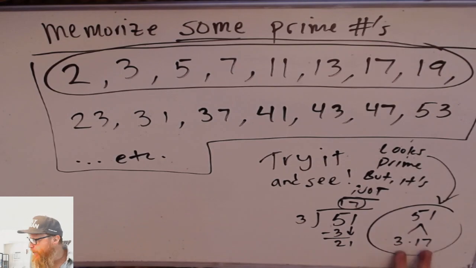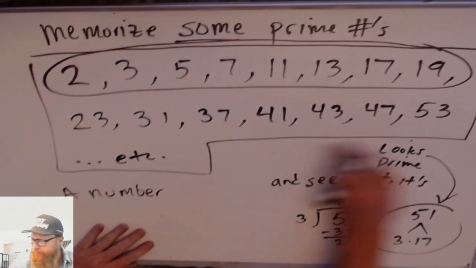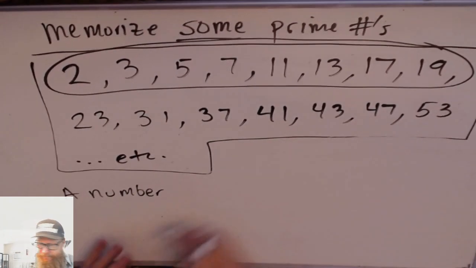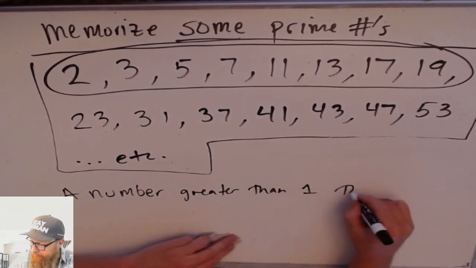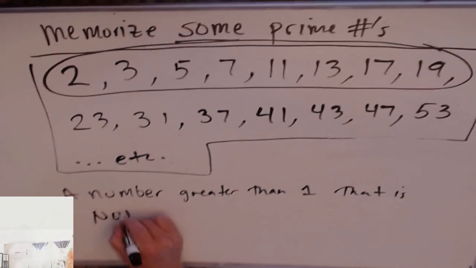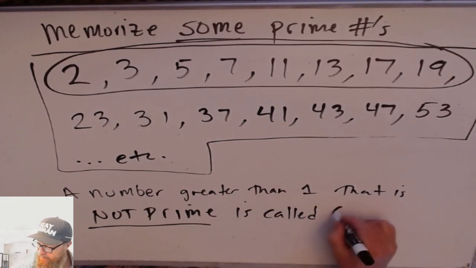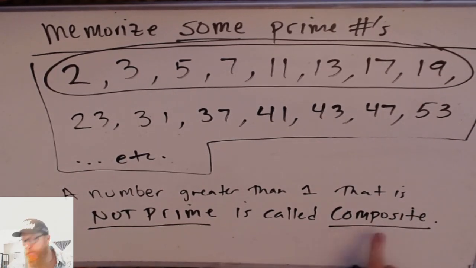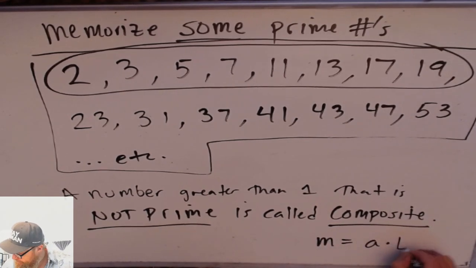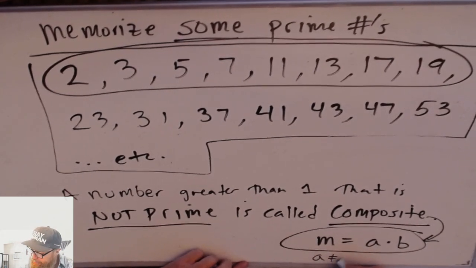All right. Now, when a number is not prime, it's called composite. It comes from the word compose. It is composed of A and B, where A is not 1 and B is not 1.